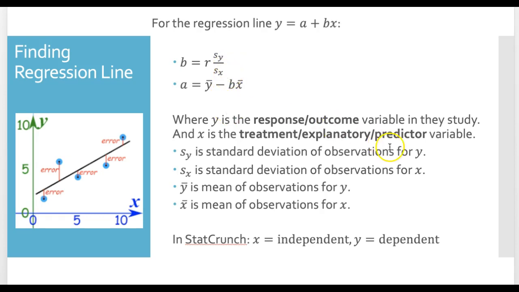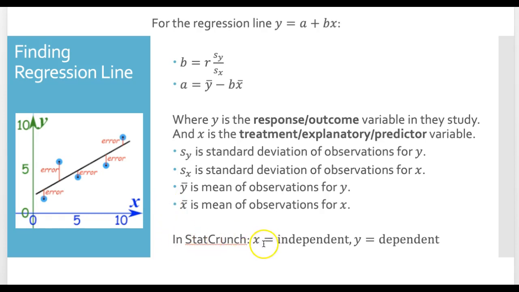Y is a response or outcome variable in the study, and x is a treatment, explanatory, or predictor variable. s sub y is the standard deviation of the observations for y. s sub x is the standard deviation of the observations for x. y bar is the mean of observations for y, and x bar is the mean of observations for x.